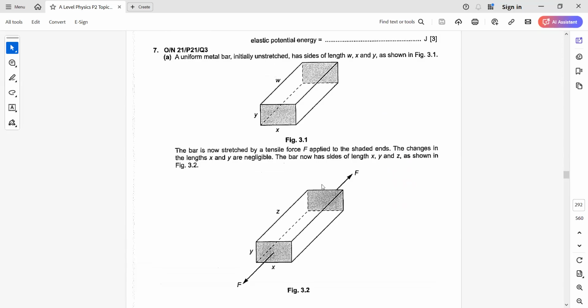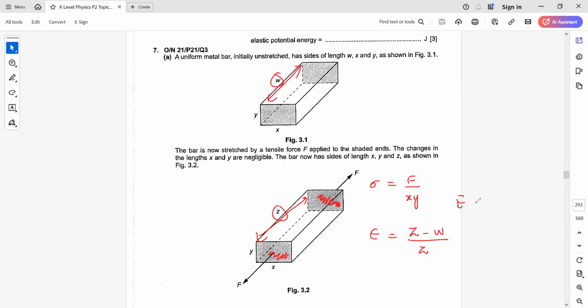So to find out stress, that's force per unit area. So if that's the force, the area we are looking for is the cross-sectional area, which is going to be length times breadth. So that's the stress. Strain is change in length. The force is applied in this direction, so it has become longer in this direction. So that's change in length, final length minus initial length over original length.